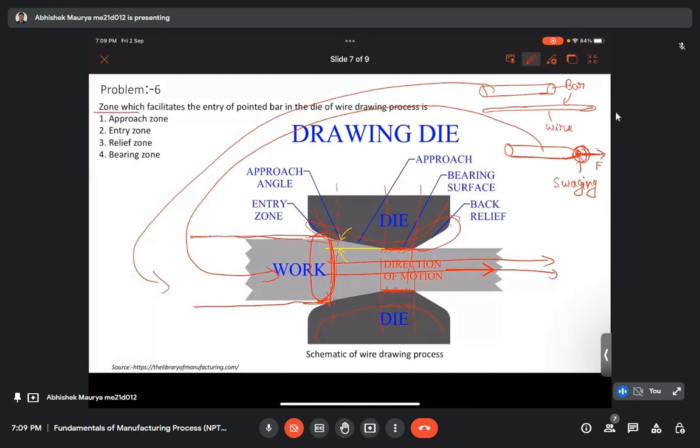So if you look at the question, which zone facilitates the entry of the pointed bar in the wire drawing process? Whenever the bar comes, the first region which will encounter the bar should have the capability to facilitate the entry of the bar. So the first zone is the entry zone.